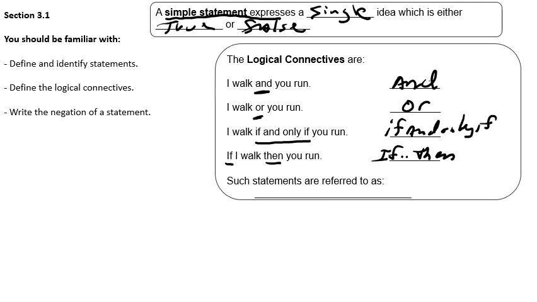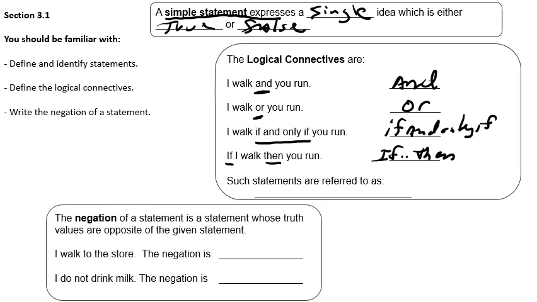The connectives join two or more simple statements and form what is referred to as a compound statement. So a compound statement consists of multiple simple statements that are joined together with one of these four connectives.